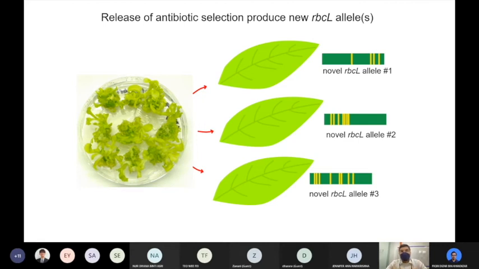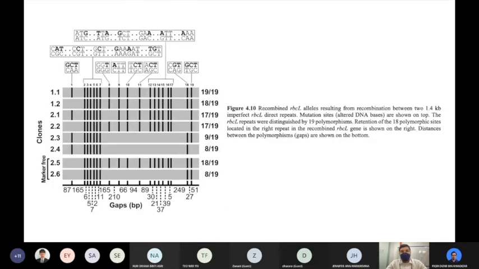So depending on the crossover size, you get different types of novel variants. You might get 3, 5, 10, 20 or more, depending on the crossover events.